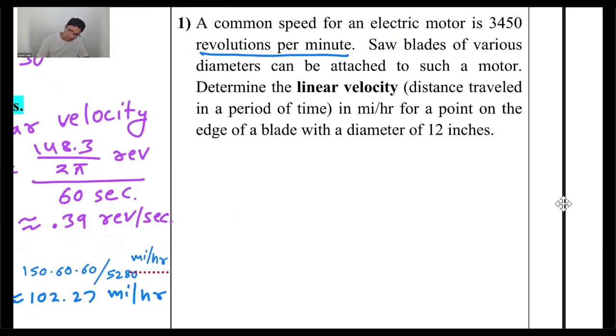Now the motor is rotating at that speed and you're attaching a blade to it. So the blade also will rotate at that speed, which is the angular speed given here.